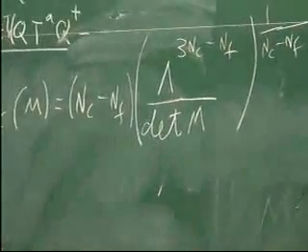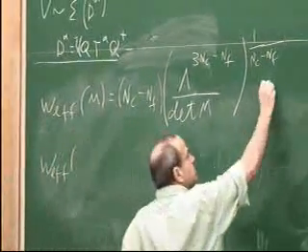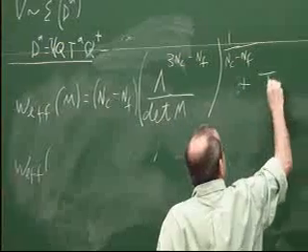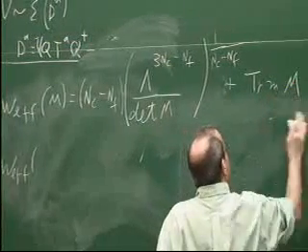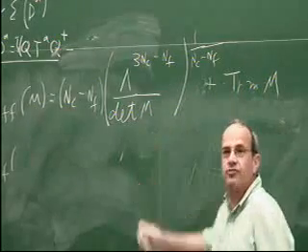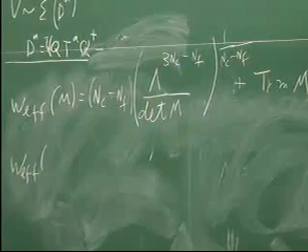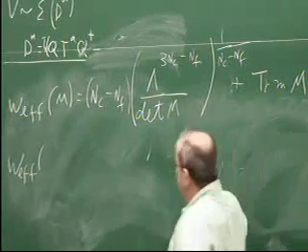And we can also write W effective for M plus trace of little m, big M, which shows us how we integrate out. If you integrate out big M out of this formula, you will get the other one. So if you perform the Legendre transform, you get this one.